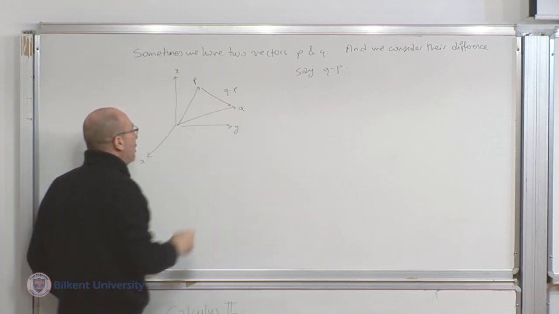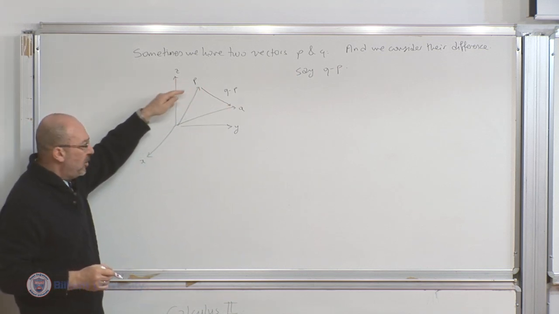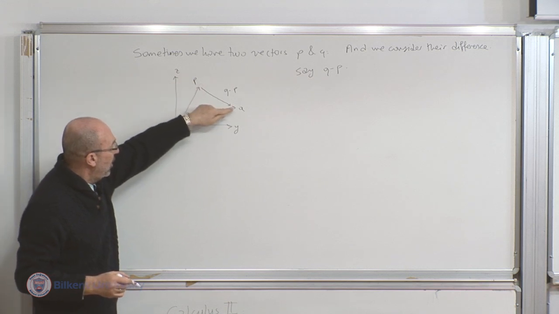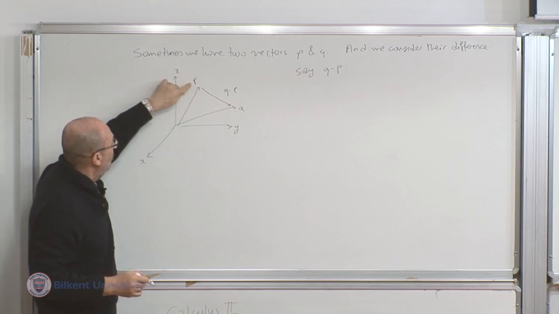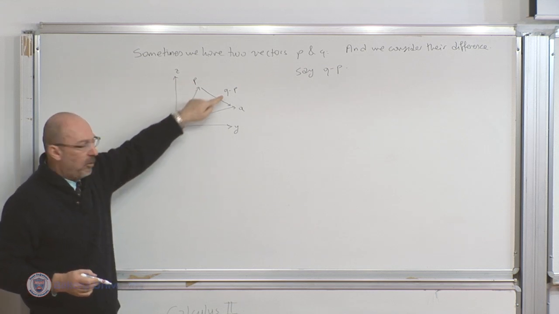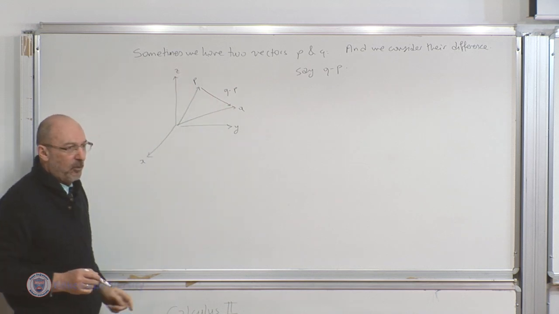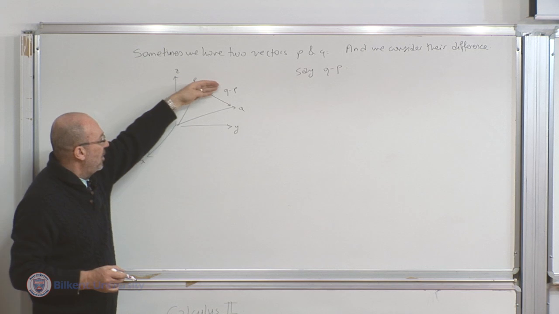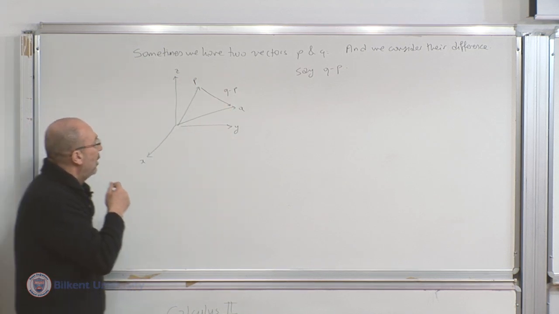So how do you know whether you put the arrow here or here? It's easy. You just follow the arrows. You go like this, you end up at Q. So then you add this, and you check if you also get Q. If you go like this and you can't go like this, so it's not working. So if you add these things and get Q, it means that you put the arrow correctly.